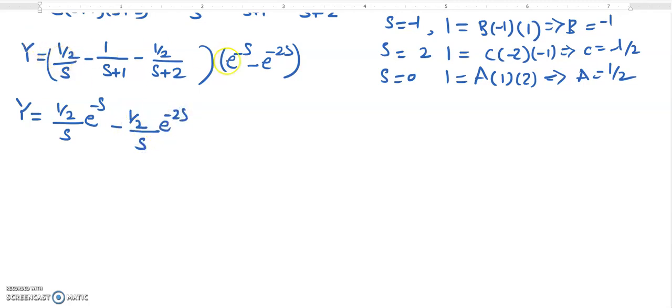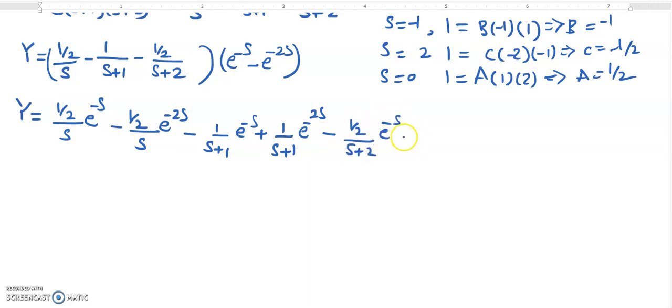So we multiply 1 by 1 with these two terms, then it will be 1 by 2 s plus 2 e power minus s, and then plus 1 by 2 s plus 2 e power minus 2s. So we can write it like this, by just multiplying it.